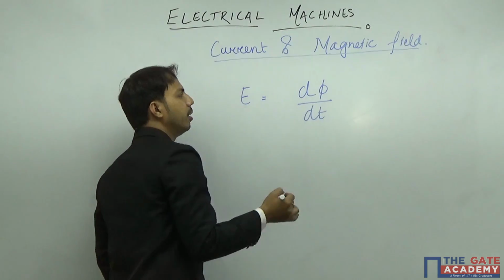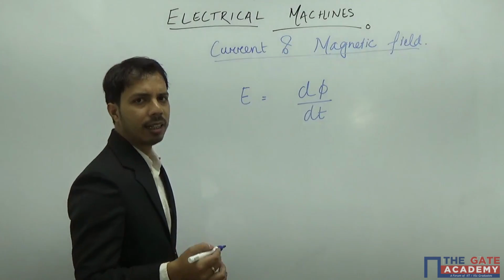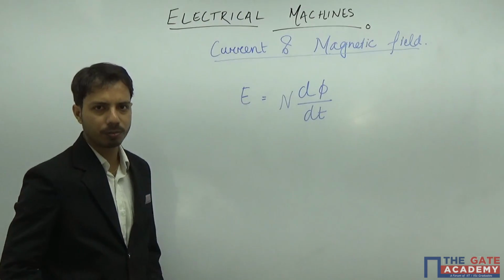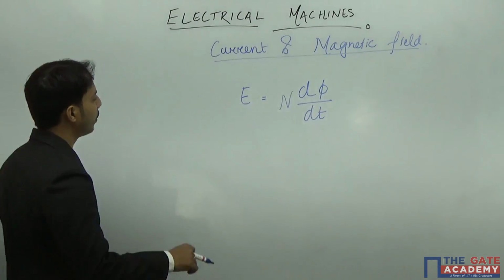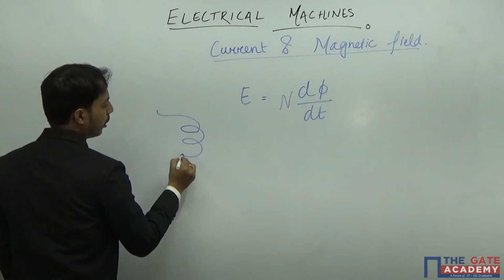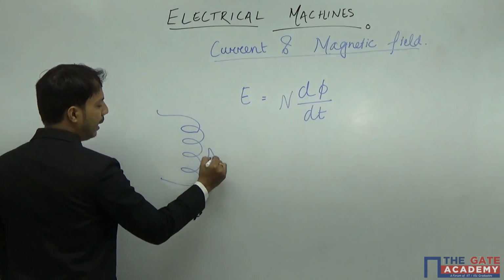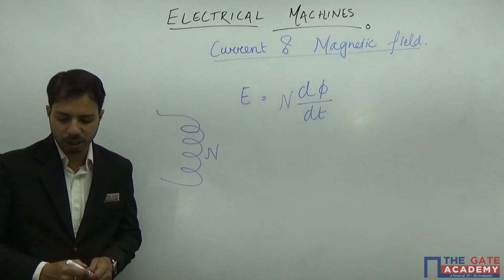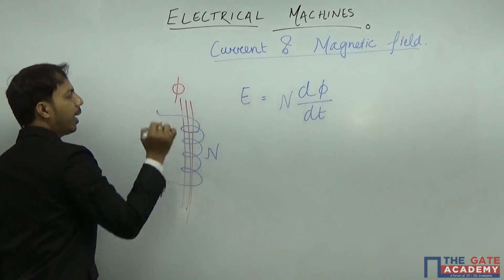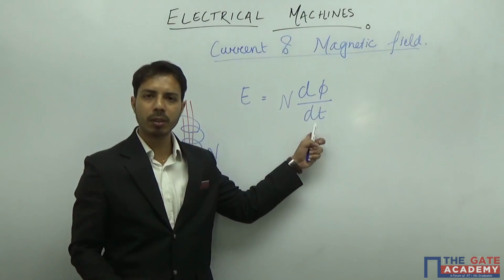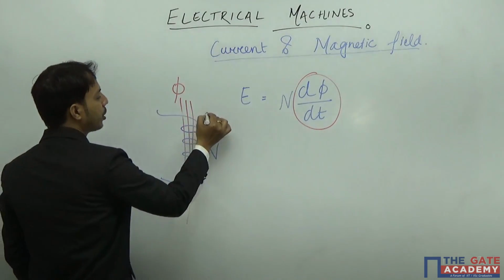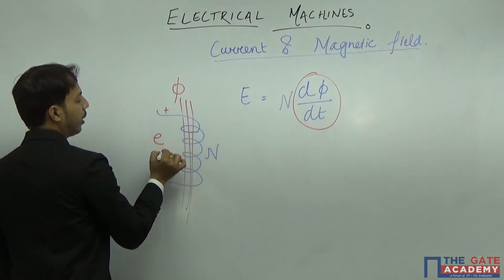flux, and say there are n turns in the coil, so we'll have the number of turns n also. So if I have a coil in this way with n turns, and this particular coil is linking some flux phi, which is changing with respect to time, given by d phi by dt, then some EMF is induced in this coil.